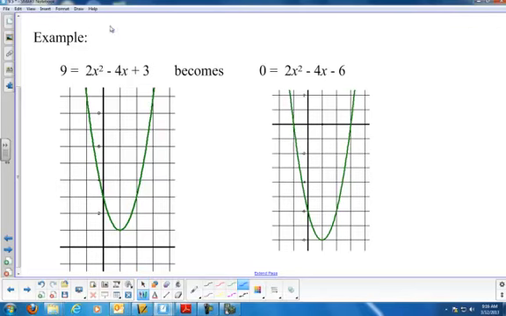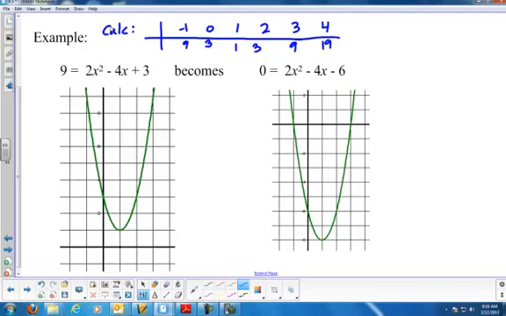So the calculator gave us -1, 9, 0 giving us 3, 1 giving us 1, 2 giving us 3, 3 giving us 9. Probably the easiest method. So this is where it's equal to 9.